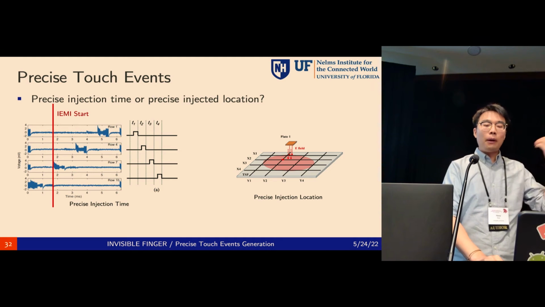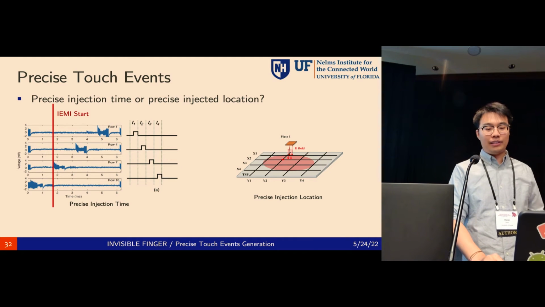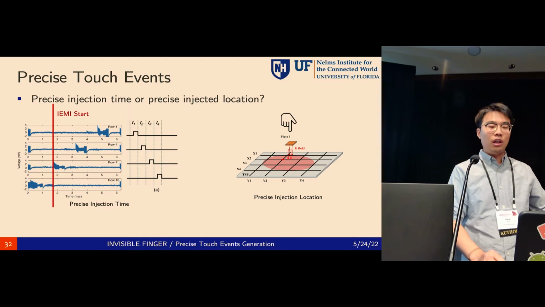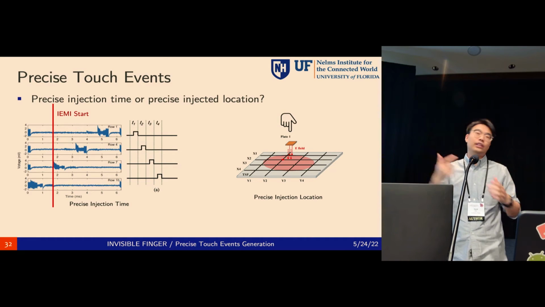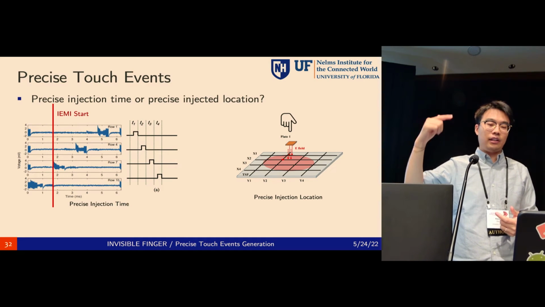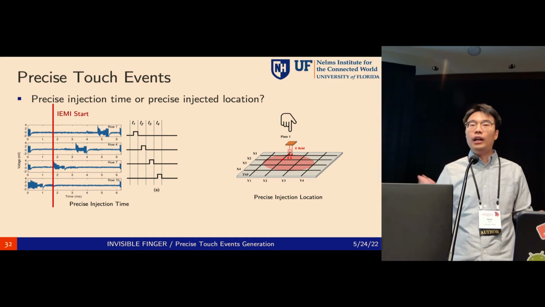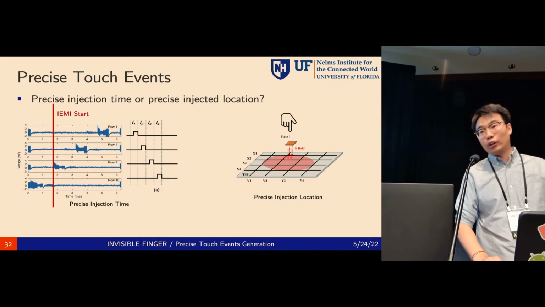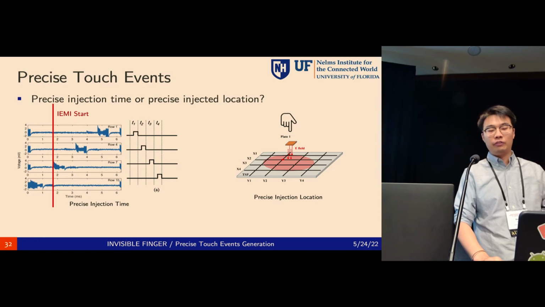And we apply the appropriate EMI signal, and we wait for that place to be scanned by the touchscreen controller, just like human fingers, right? Your finger is pressing the screen, and it will be scanned at some point. We are basically mimicking the same way that works. So just like a human finger, that's where our title, invisible finger, comes from.